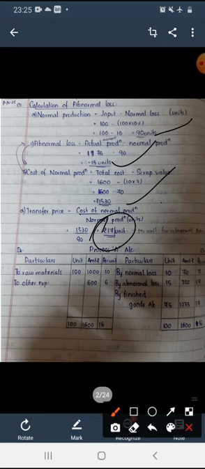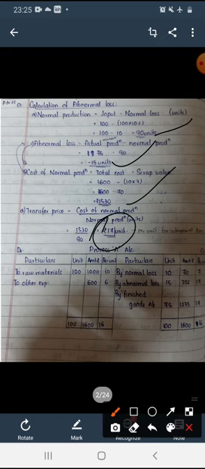How much raw material was used? 100 units under the unit column, amount 1000, and per unit 1000 divided by 100 is 10. Then the other expenditure incurred by the process is 600. For other expenses there are no units, only the amount 600. 600 divided by 100 gives a per unit of 6.